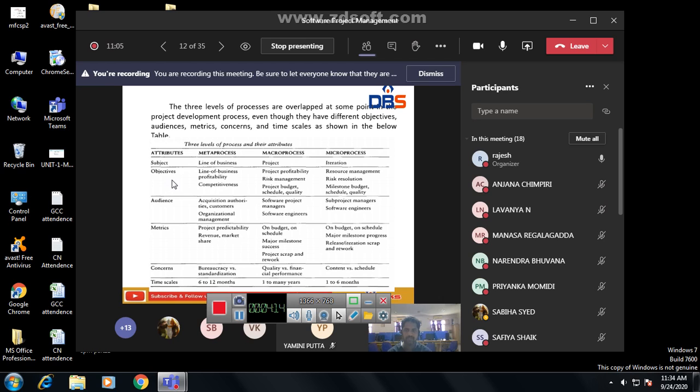Now the objective: for line of business it is profitability and competitiveness; for the project it is risk management, project budget, schedule and quality; and for the micro process it is resource management, risk resolution, milestones, budget, schedule and quality. So these are the different attributes and the different levels.